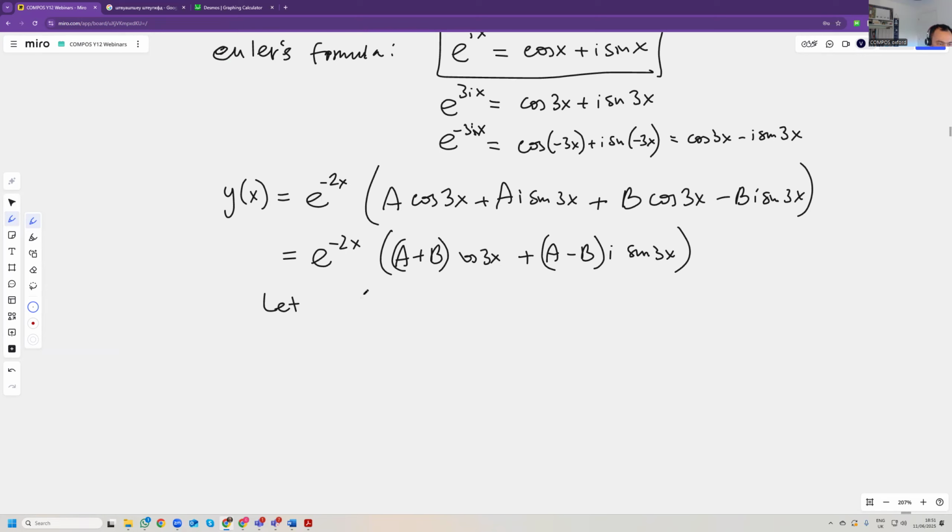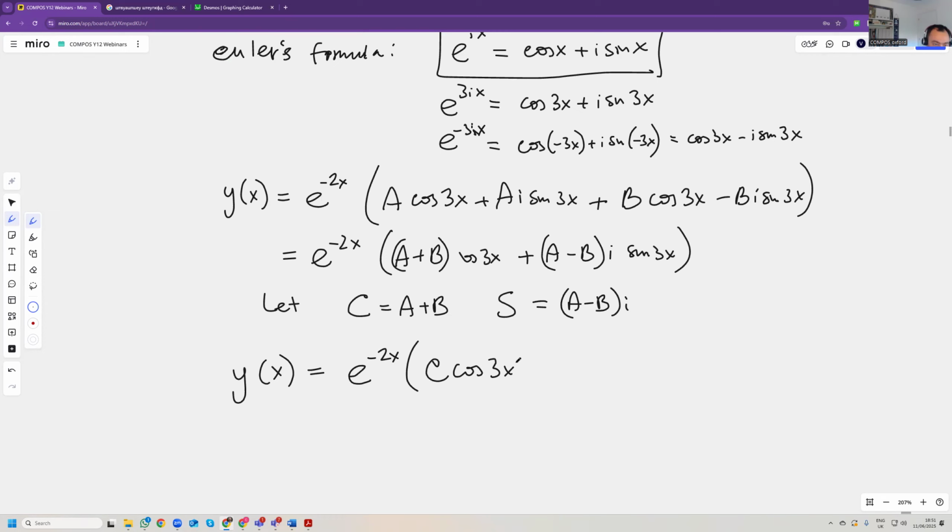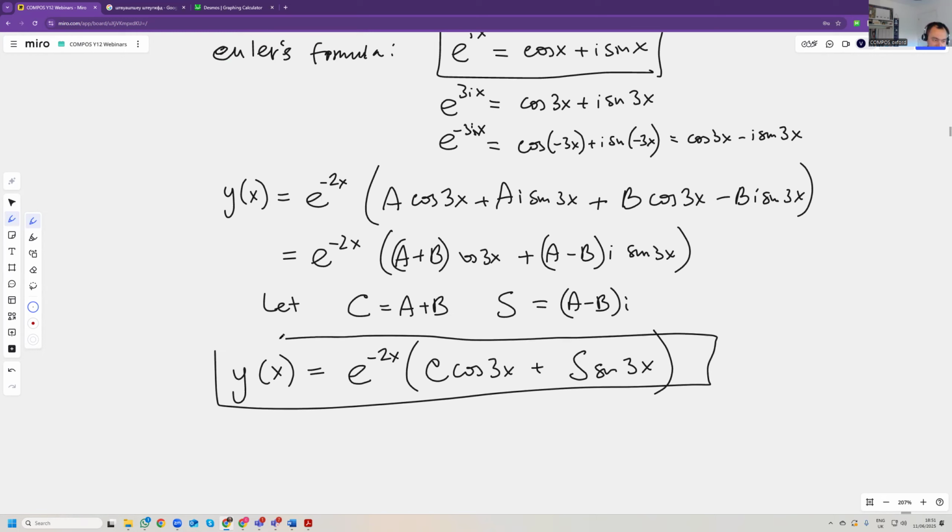Let C be equal to a plus b and S be (a minus b) times i. And therefore, y of x equals e to the minus 2x multiplied by (C cos 3x plus S sine 3x). Ta-da!